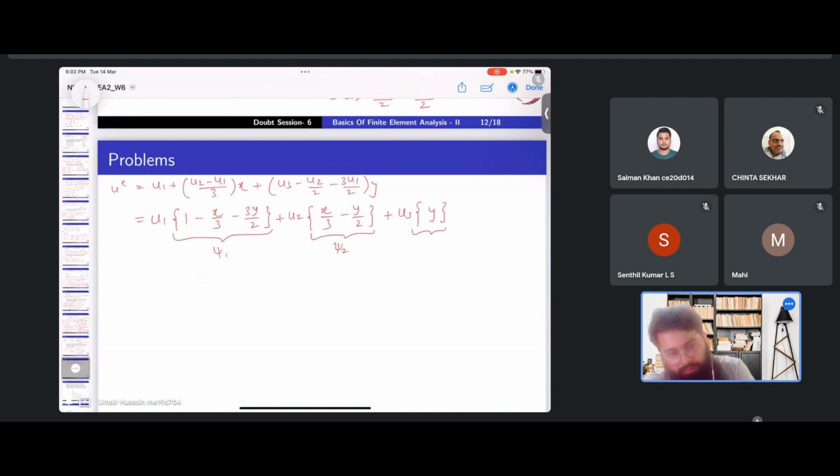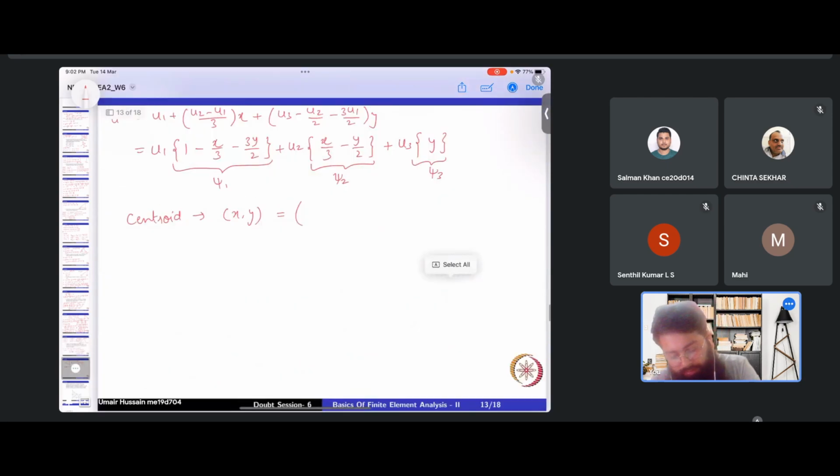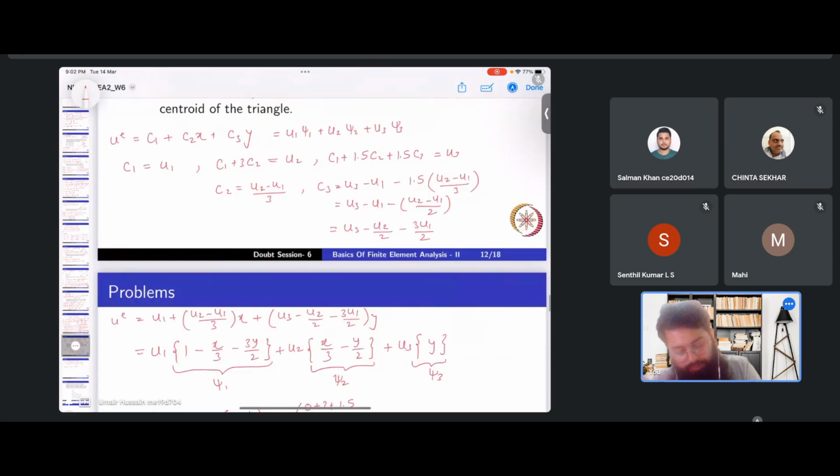So first of all we need to find the value of the centroid. So where is the centroid? The coordinates of the centroid are equal to the average of the coordinates. So x is 0, 3, 1.5: 0 plus 3 plus 1.5 divided by 3, and similar for y: 0, 0, 1.5.